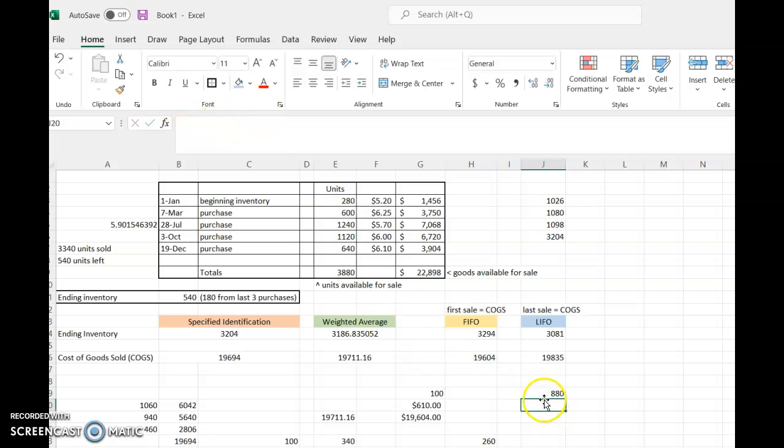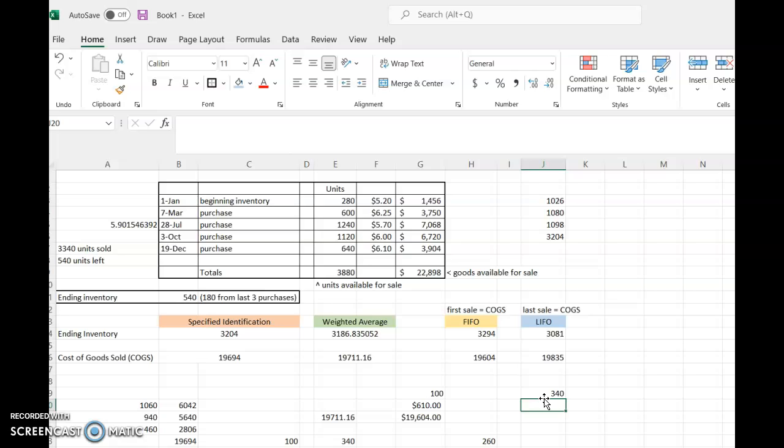And then from there, I'm going to just put some parentheses around that. And then we're going to subtract our ending inventory, the 540. And that's going to give us a 340 number.